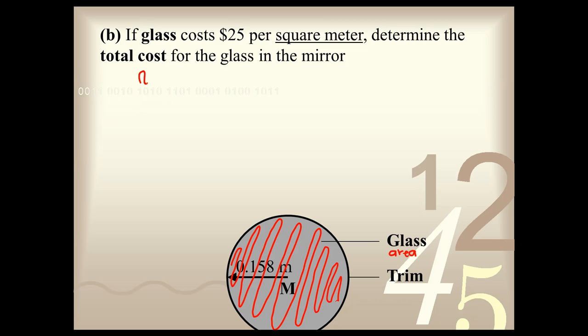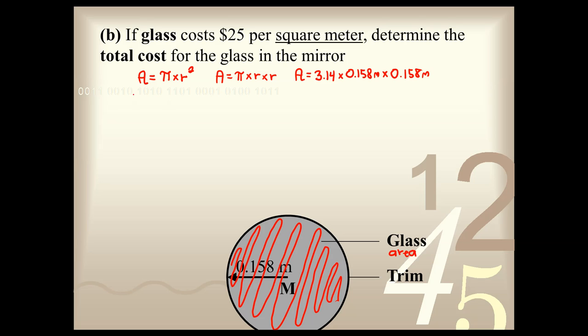We have area would be equal to, and we have two equations to calculate area. We have pi times r squared, and we have pi times d squared over 4. Once again, we're given the radius, so we want to use the equation that has r. Pi r squared would expand to pi times r times r. Just plug my numbers in. Pi is 3.14, multiplied by r, which is 0.158 meters, multiplied by another 0.158 meters.